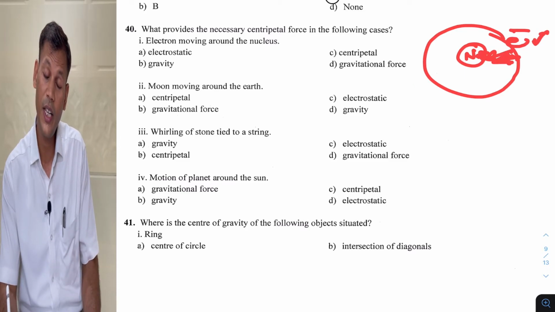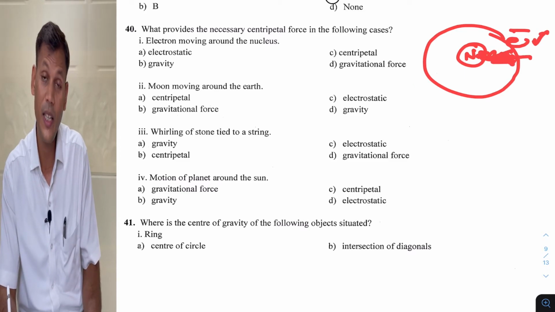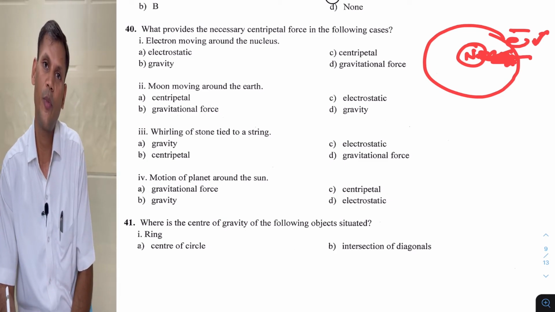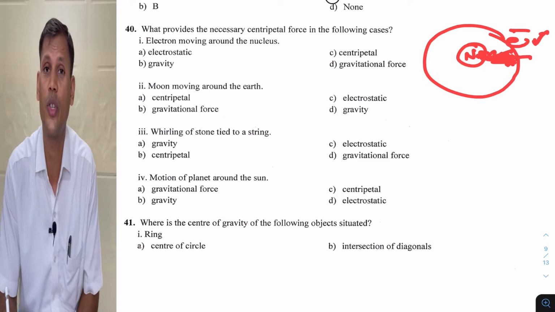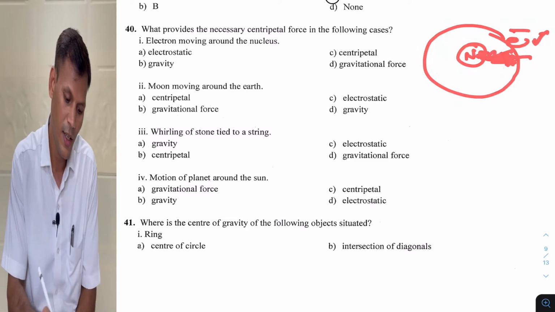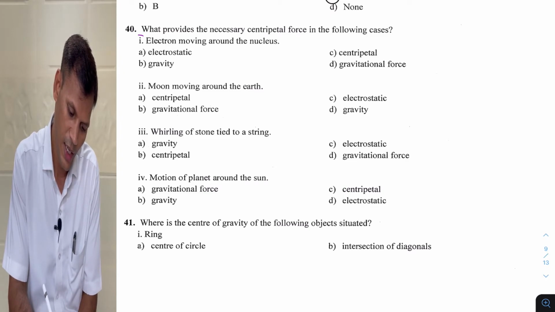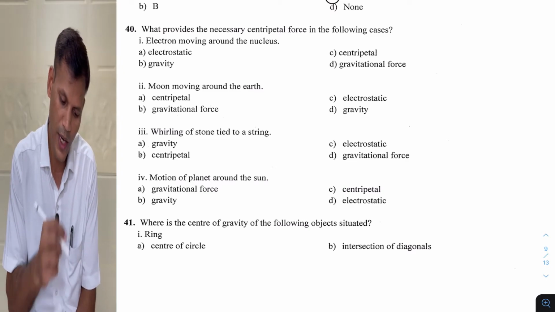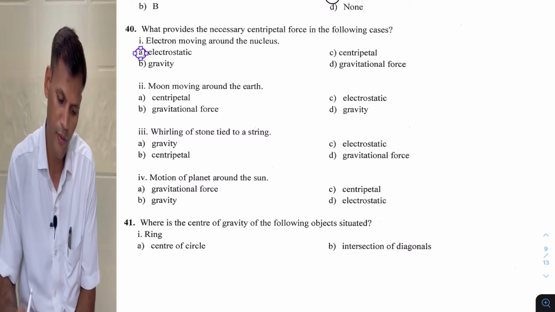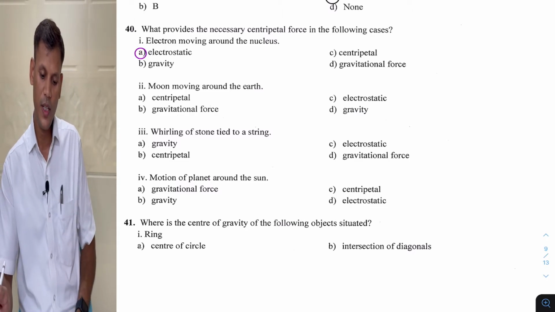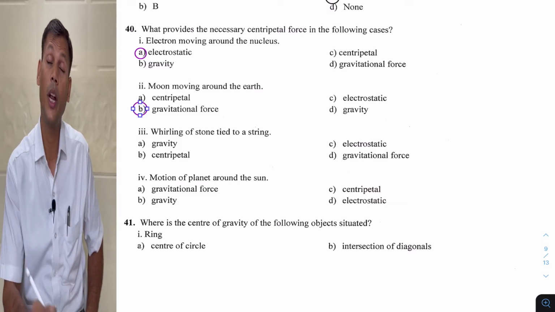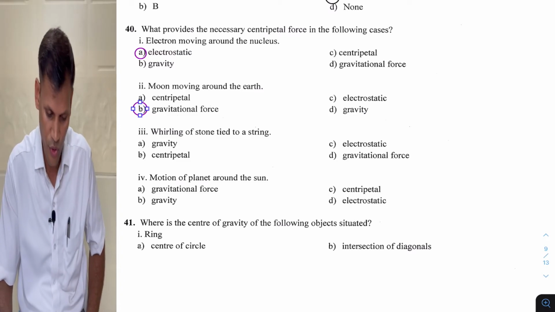So it should fall inside the nucleus, but it doesn't fall because the necessary centripetal force is provided by the electrostatic force of attraction between electron and proton, or electron and nucleus. So electron moving around the nucleus is due to which force? Electrostatic force.